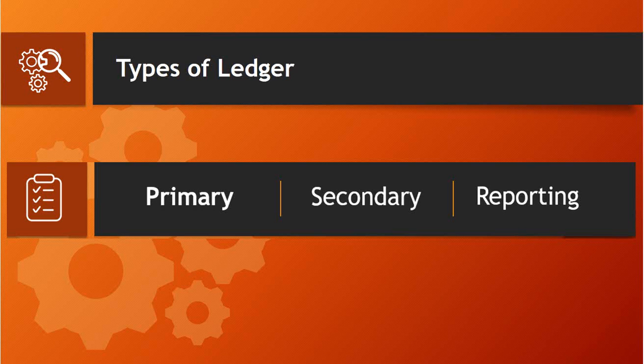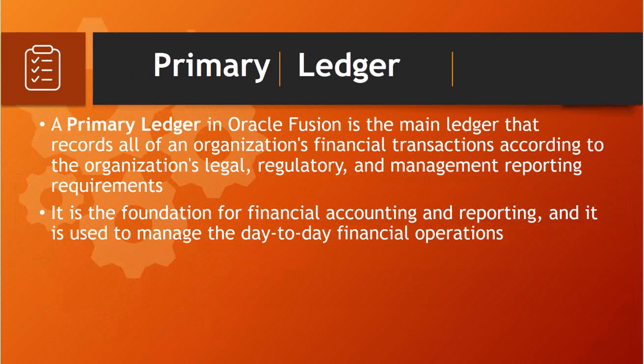Now we will discuss the primary ledger, because it is mandatory, and I will discuss the secondary and reporting in another session. The primary ledger is the mandatory ledger which you have to set up in the GL, but secondary and reporting are optional. It's not required, but if the business needs it, then you have to configure secondary and reporting.